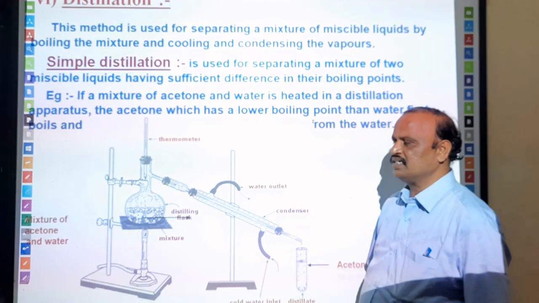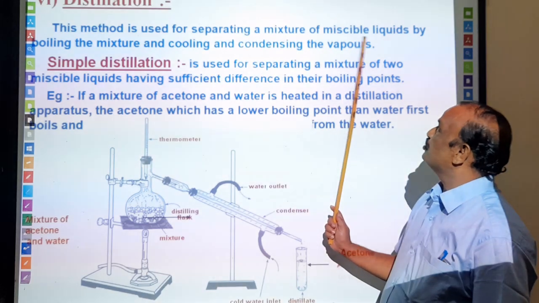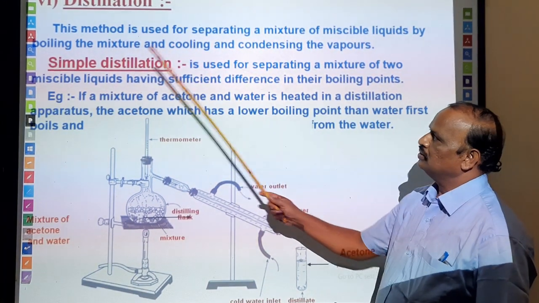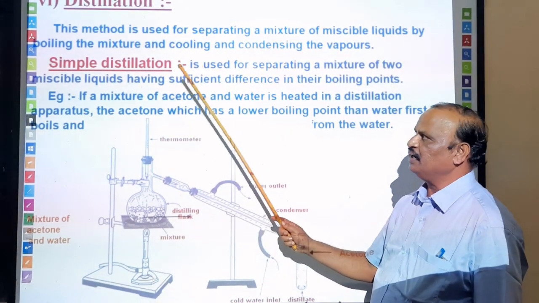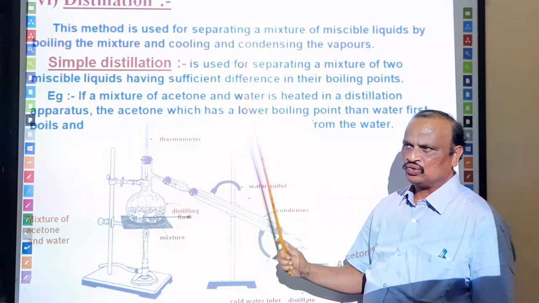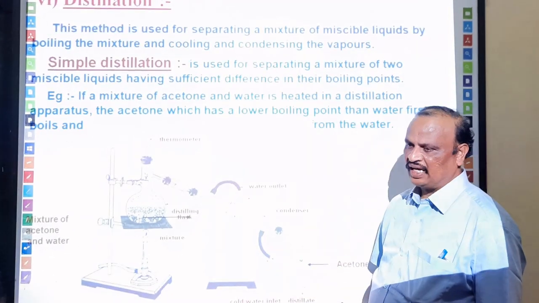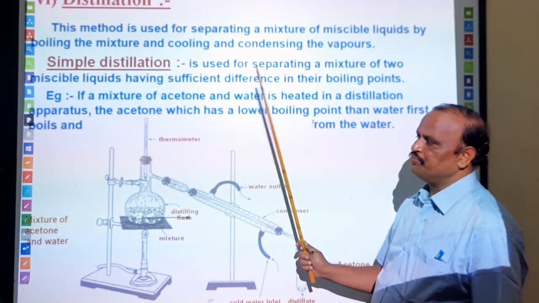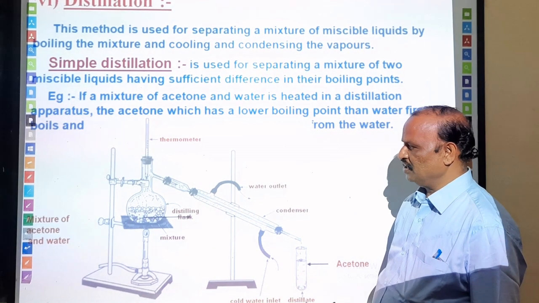Distillation. What is distillation? Distillation is a method used for separating a mixture of miscible liquids which have slightly different boiling points. Vapors are produced, and when you cool them, you can collect the vapors of the liquids. There are two types: simple distillation and fractional distillation.